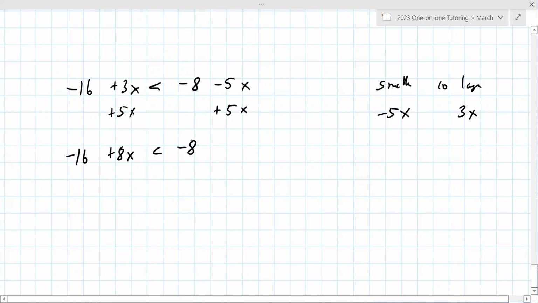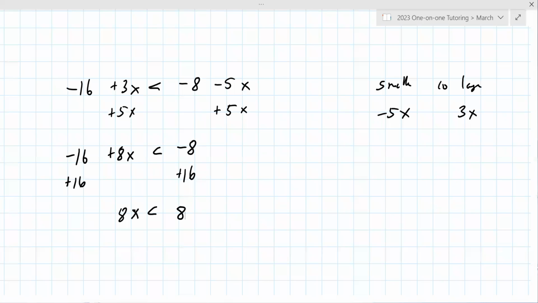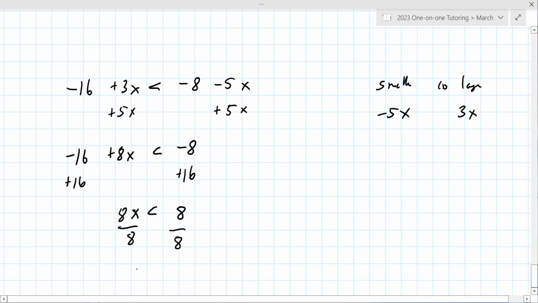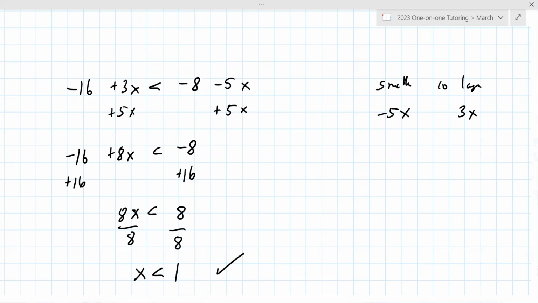All right, what would be the next thing here? We need to add 16 to both sides. Good. Almost there. What's the next thing here to do? We need to now divide by 8. So x is less than 1.